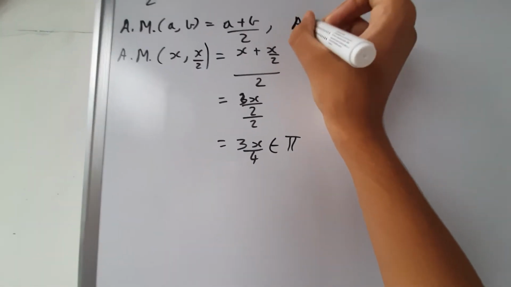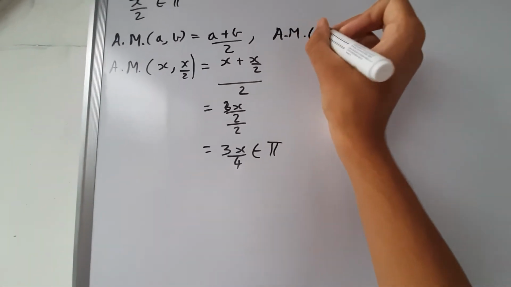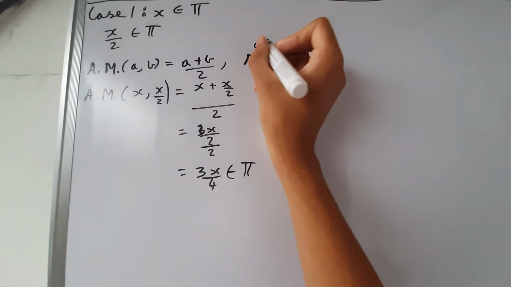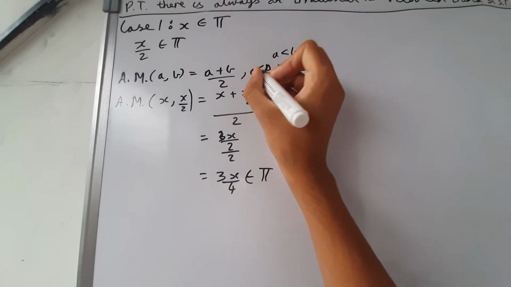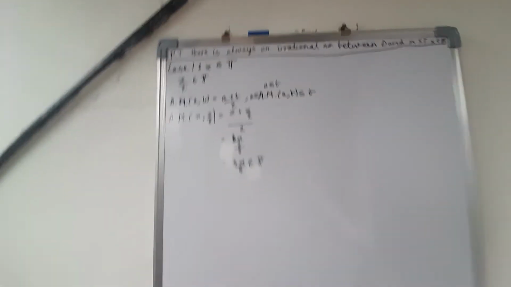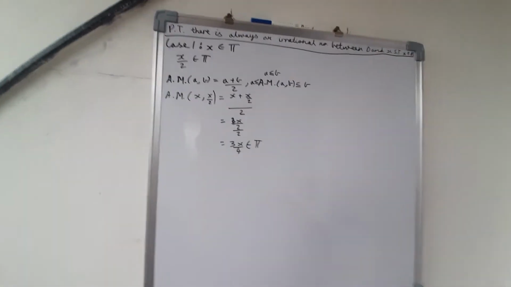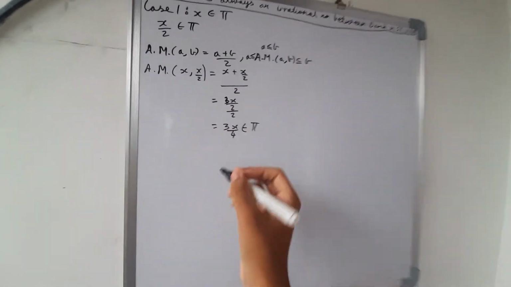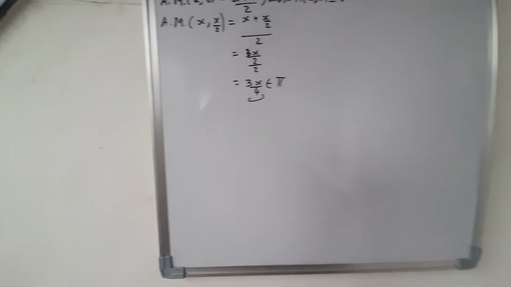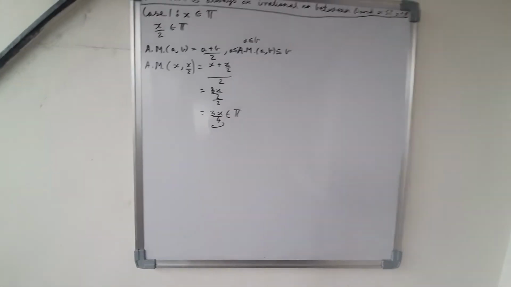Let me just write that now, explicitly. It's always in between, assuming a is less than or equal to b. So keep that relation in mind, and therefore this is in between x upon 2 and x. That's pretty cool. So that's our first case.